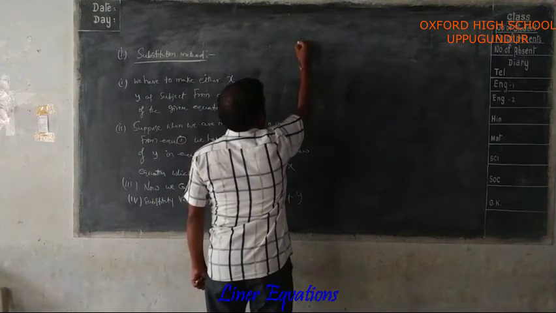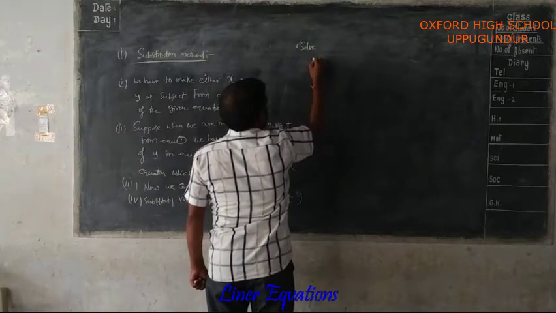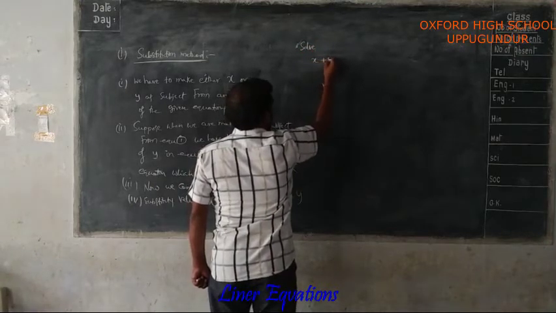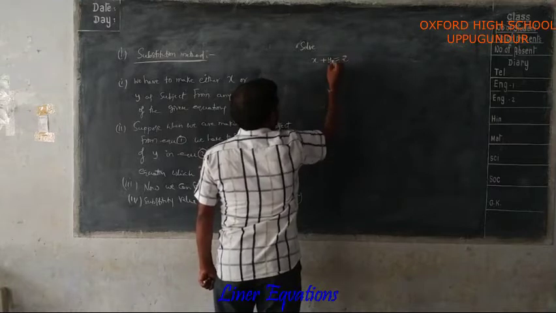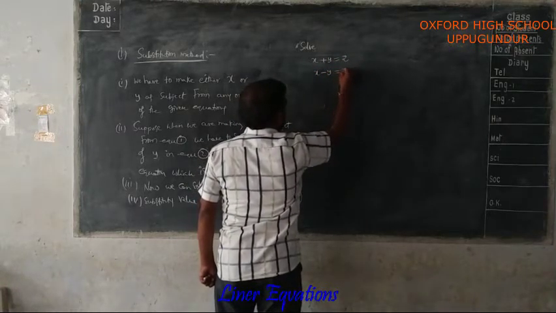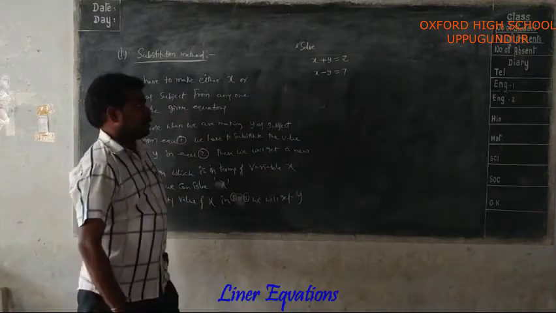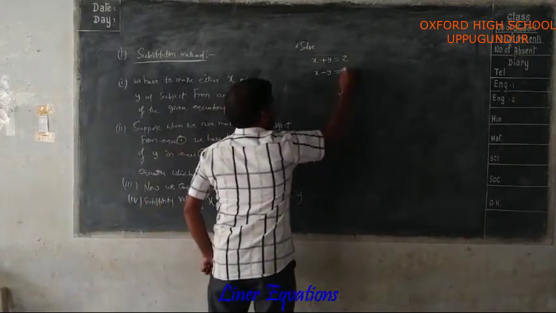Suppose they are given a pair of equations. They will give like this: solve x plus y equal to 2, x minus y equal to 1.